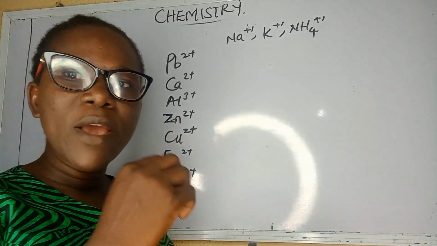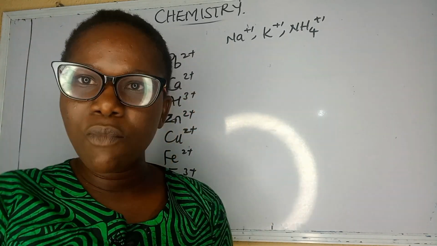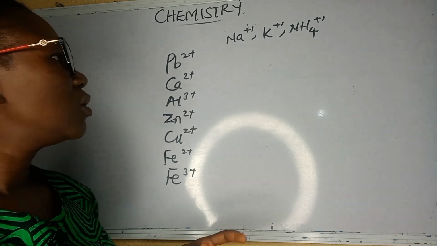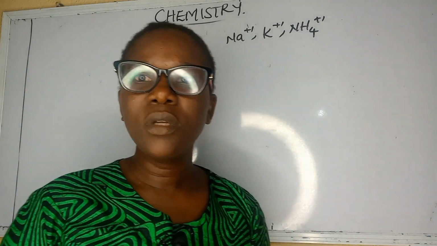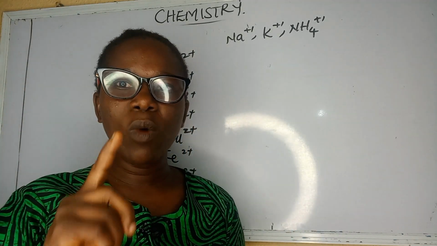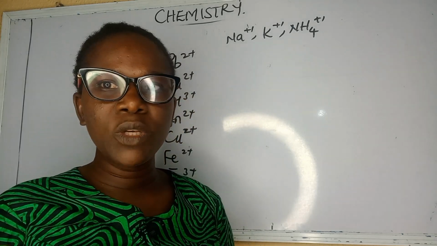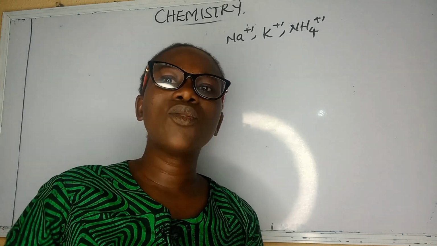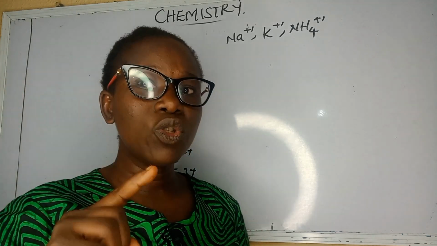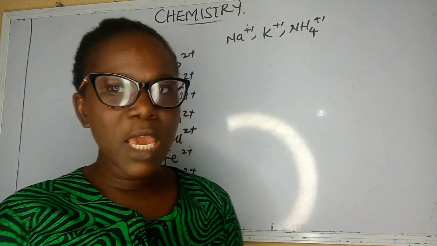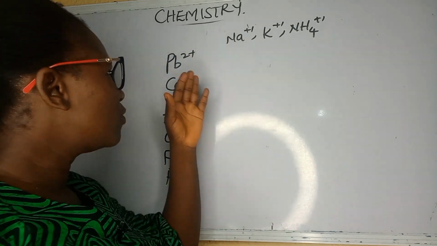And when you add either sodium hydroxide or ammonia to any substance you are given, the first thing that should come to your mind when you see sodium hydroxide aqueous or ammonia in aqueous form, and you're asked to add it to any compound, is that you want to identify positive ions, any of these positive ions.